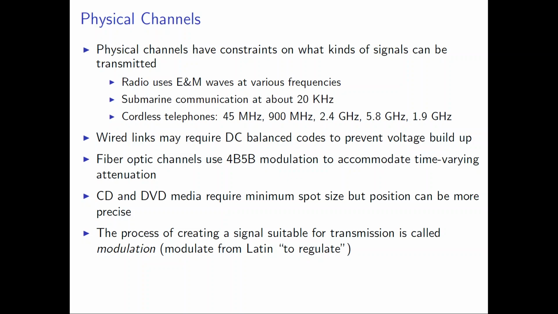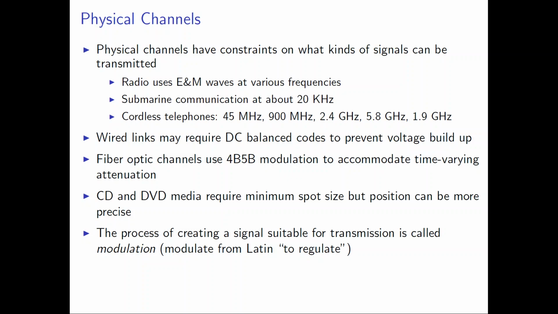To avoid this, you use a modulation that achieves balance between the DC components, so you don't have such problems. We call this voltage buildup. Fiber optic channels use another type of modulation, we call it 4B5B, to accommodate time varying attenuation.